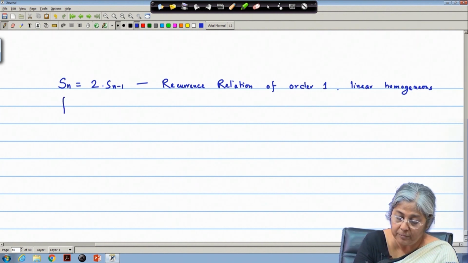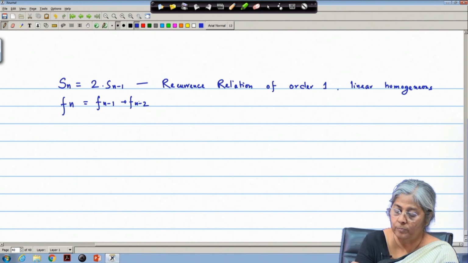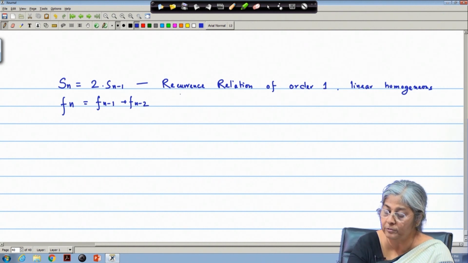Or the Fibonacci sequence, Fn equal to Fn minus 1 plus Fn minus 2. Here the constant coefficient is 2.